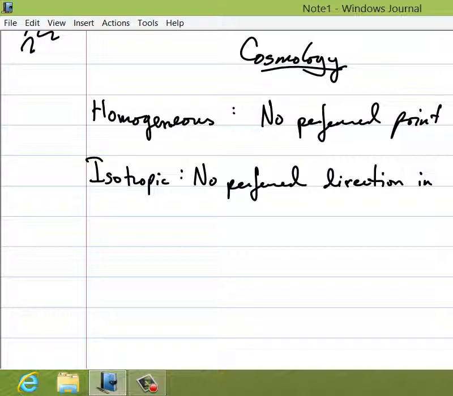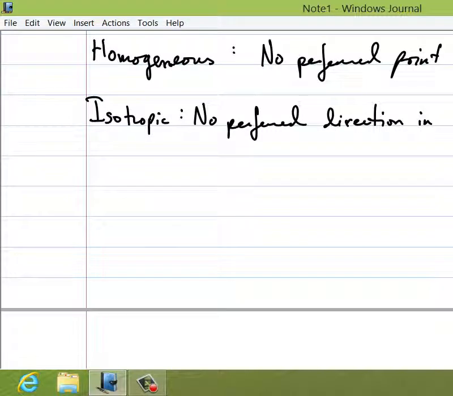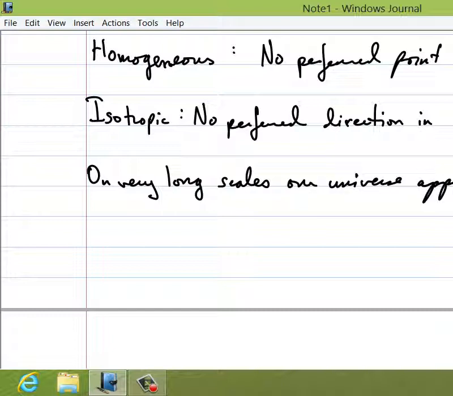And on short scales, of course, the universe is neither homogeneous nor isotropic. But on very long distance scales, where one averages out over all of the stars, galaxies, and so forth, our universe appears to be spatially homogeneous and isotropic.